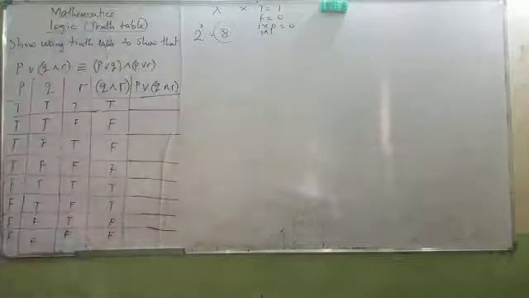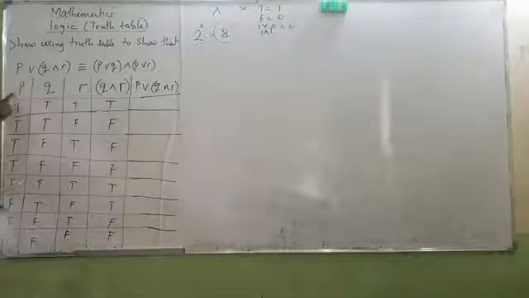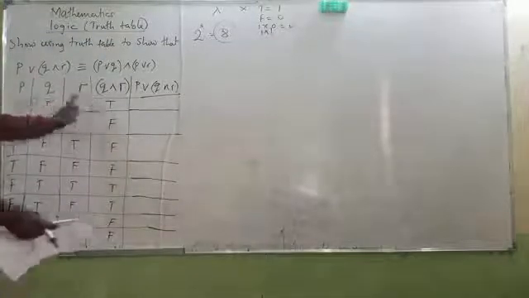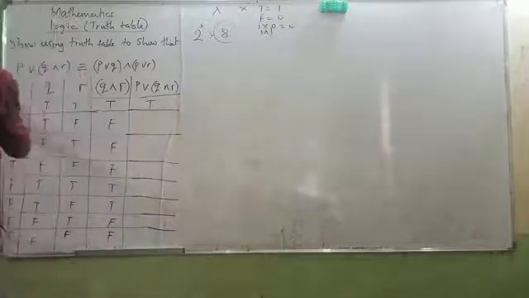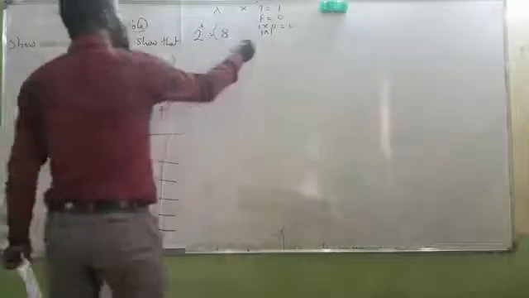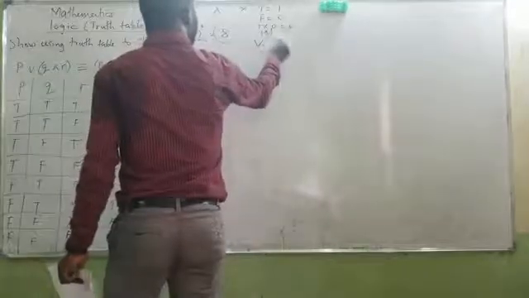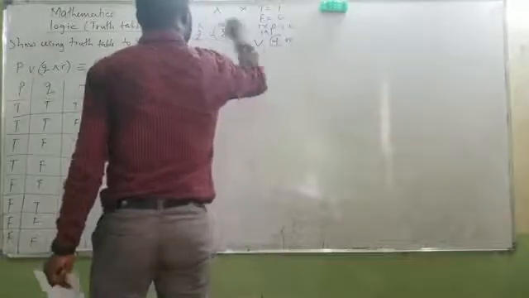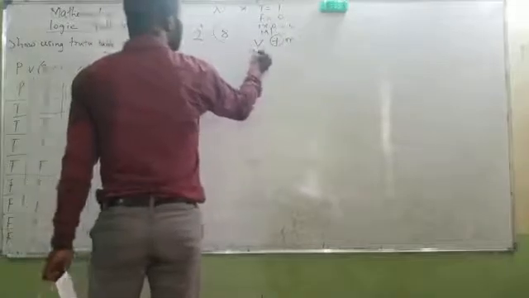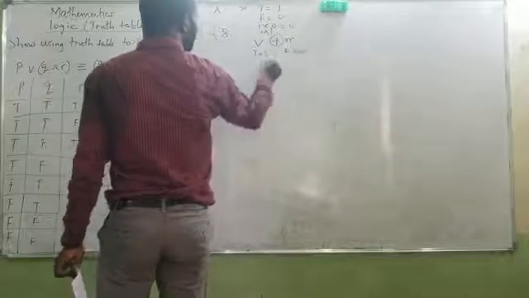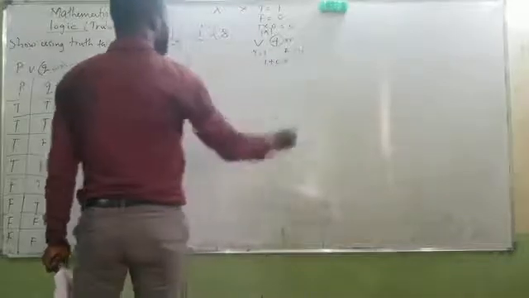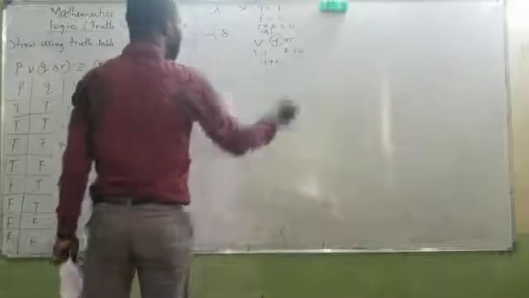Now, what I need to do here is P or Q, it will be true. And now, when you see or, it is plus. It means T is 1 and F is 0. 1 plus 0 remains 1, which is going to be 1. 1 remains true.